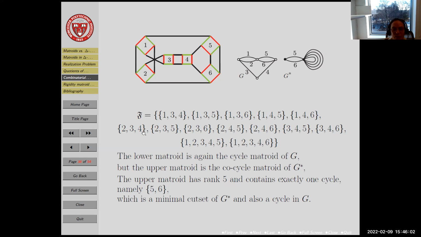And what do I know? All the feasible sets have the same size, and the upper and lower matroid differ in rank by just 2. And now I can say, where am I? I'm actually on the torus. Right, so just from this Delta-matroid information, you see that you have an orientable map, and it's a map on the torus.